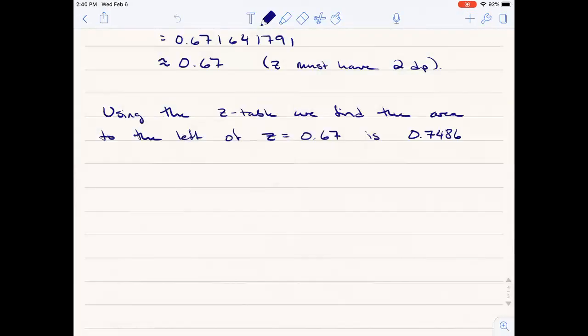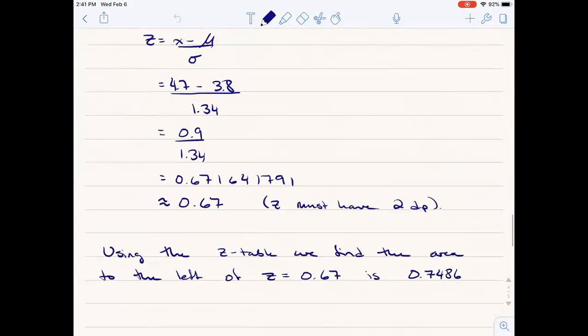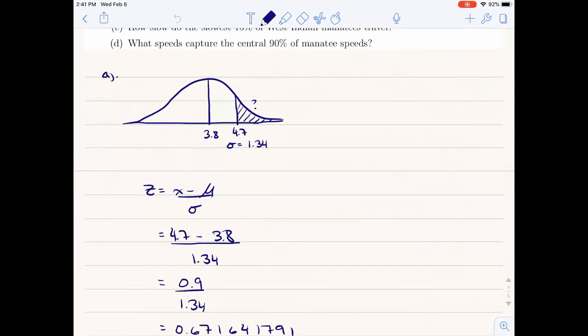Hey, that's what I had. Not bad. So that's this area. We know the total area is 1, right? So this area must be 1 minus 0.7486.